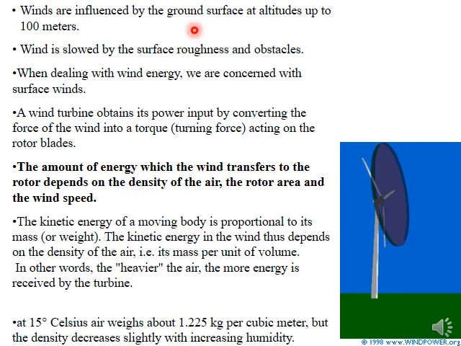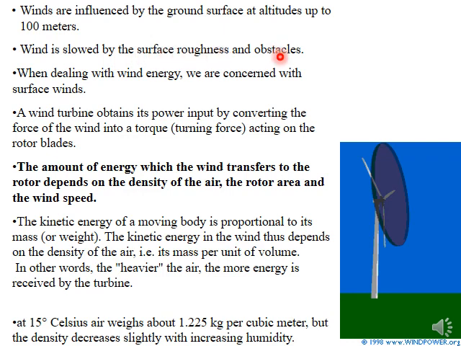It is almost similar to what we have studied in fluid mechanics, where fluid velocity changes over a boundary surface. Similarly, here air velocity is affected at the earth's surface when flowing. Okay. Wind is slowed by the surface roughness and obstacles.